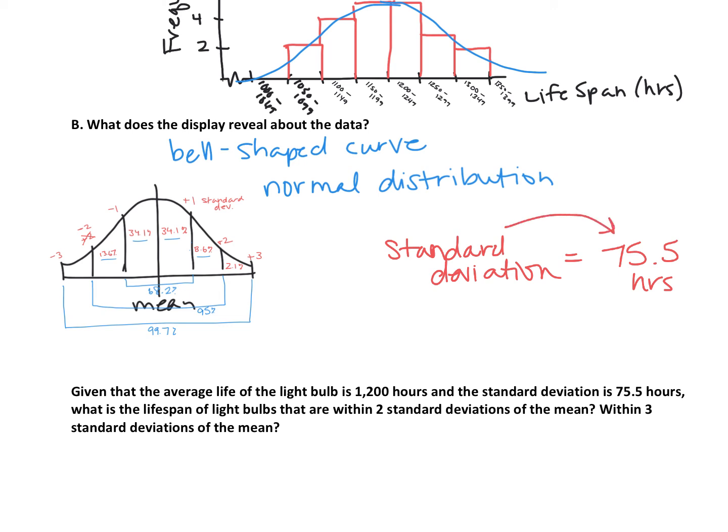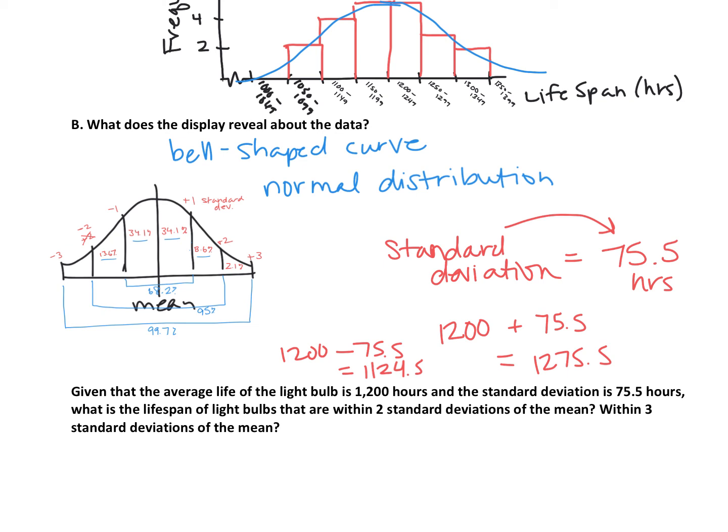Remember, standard deviation is how far it deviates from the mean. So if our mean was 1,200 hours, and if I add 75.5 hours, that's going to tell me 1 standard deviation on the higher side, that's 1275.5. Or if I take that 1200 and I subtract 75.5, that's basically getting us to 1 standard deviation away, and that's going to give us 1124.5 hours.